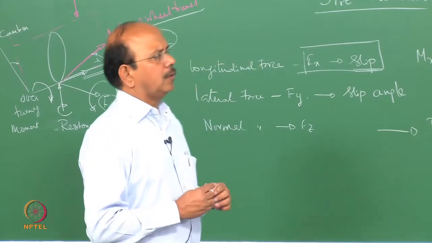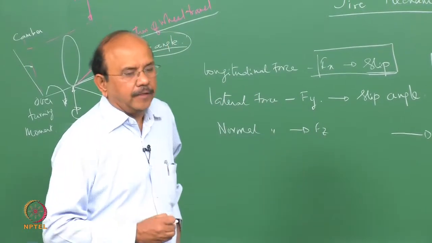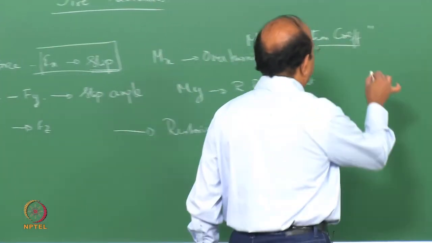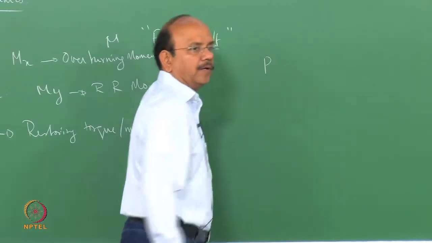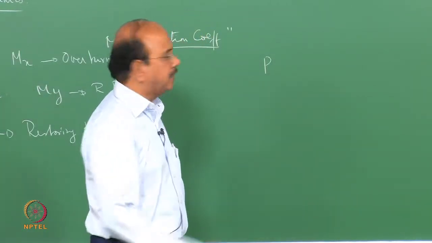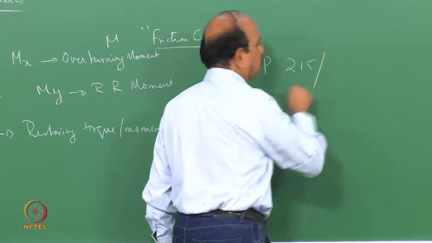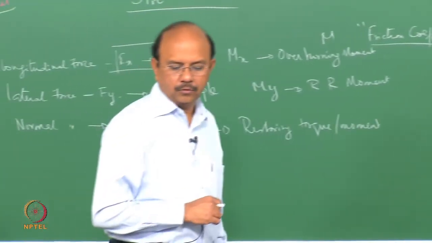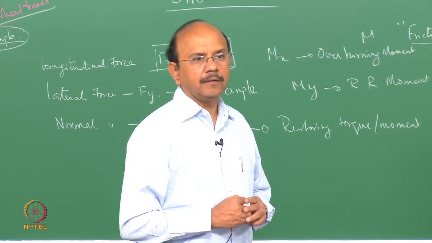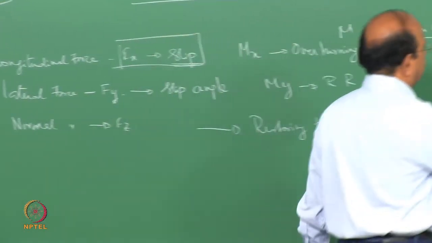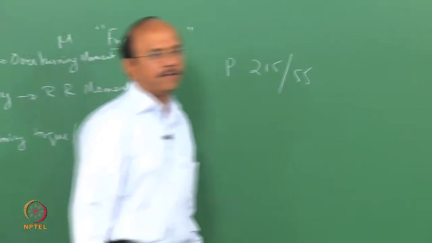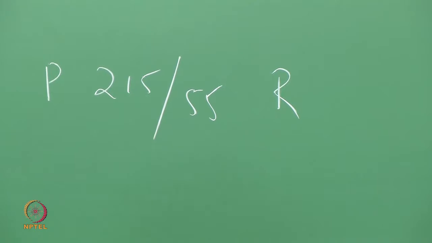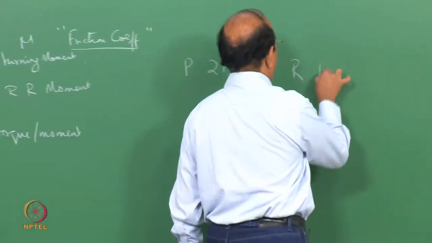All of you, of course, know how a tire is specified. If you go to a shop to buy a passenger car tire, you would say, for example, P 215, and then one more number, 55 or 65, then you would specify R, and then another number, 15.